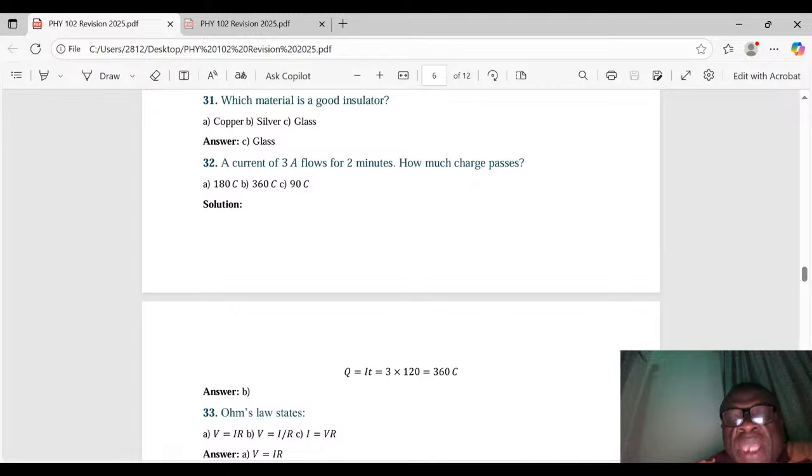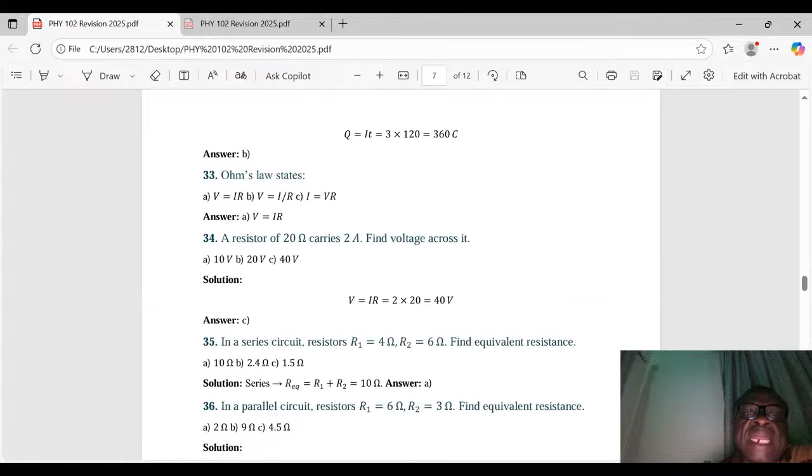So if you make Q the subject, Q is equal to IT, where I is 3 ampere and the time is 2 minutes. But minute is not the standard unit, so if you convert 2 minutes to seconds, that will give you 120 seconds. If you multiply 3 by 120, that will give us 360 Coulomb. So the correct answer is B.